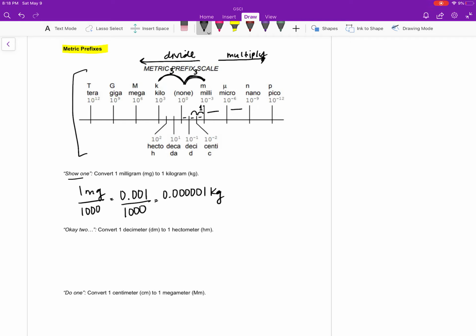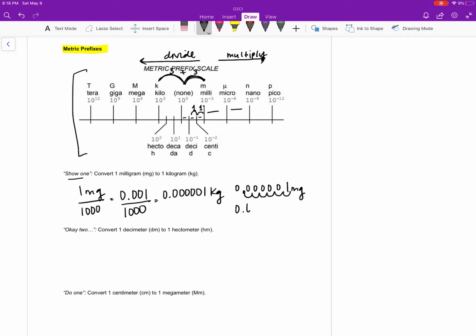Each of these is moving 1. And we're moving to the left because the number is getting smaller. So I could have taken my 1 milligram, and this tells me I'm going to move it 6 places because 3 plus 3 is 6. So I'm going to start off 1, 2, 3, 4, 5, 6, and then I'm going to fill in zeros.